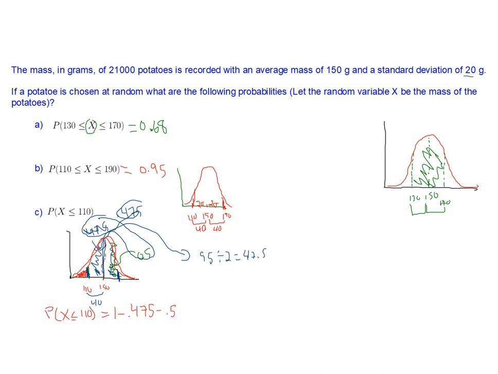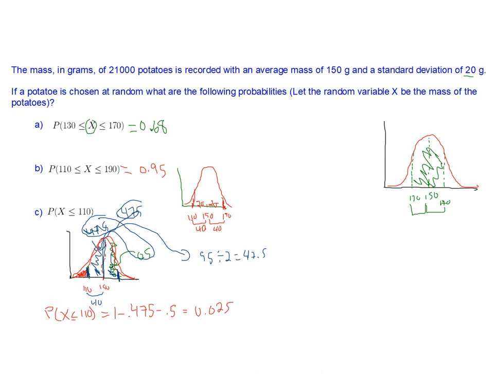So we can subtract those two, and we can see it's going to be small, obviously. So 1 minus 0.475 minus 0.5, and we get an answer of 0.025. So the probability that x is less than or equal to 110 is about 2.5%. And again, that's an approximation.